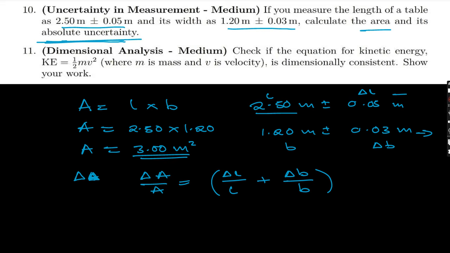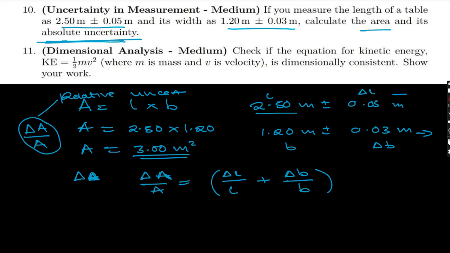Guys, when you see delta A over A, it is not the absolute uncertainty. This is the relative uncertainty.